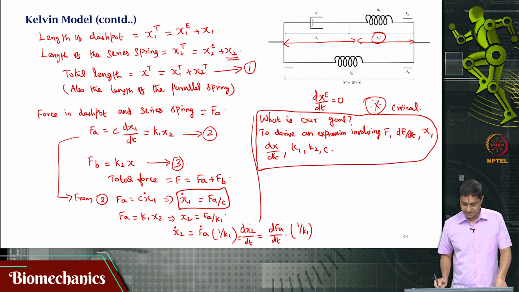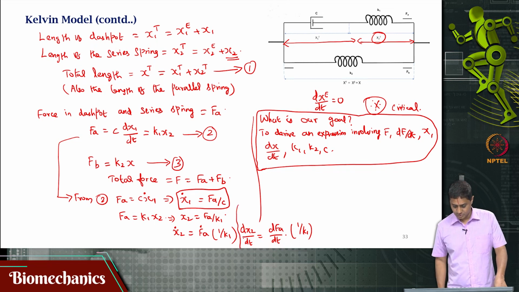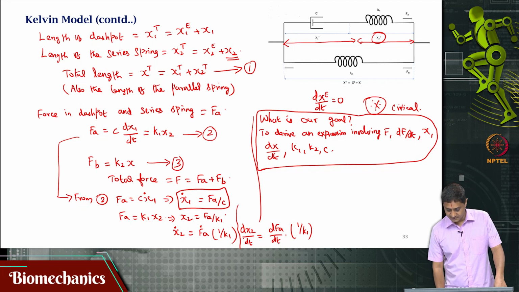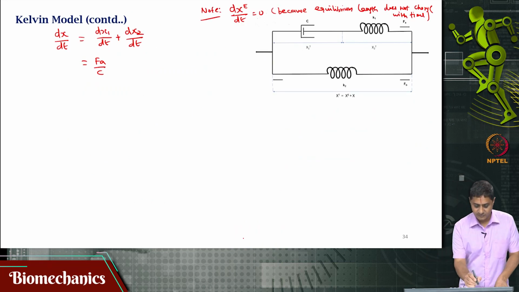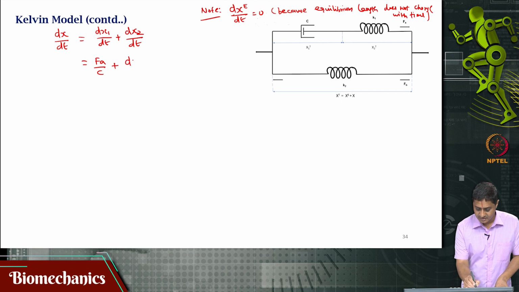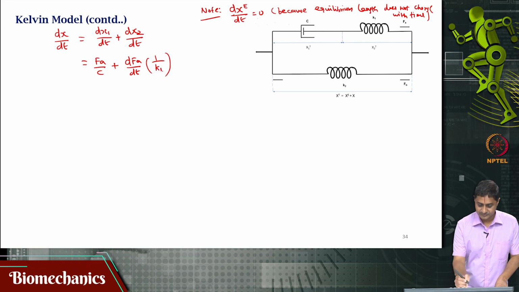That is, dx2 by dt is dFa by dt times 1 by k1.